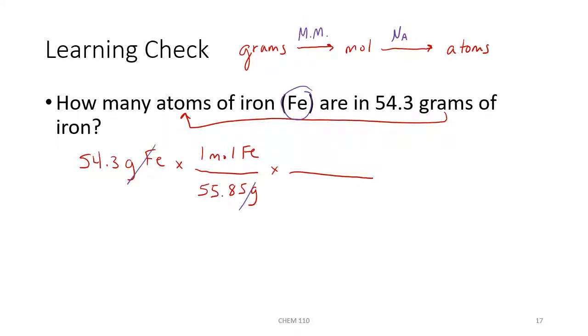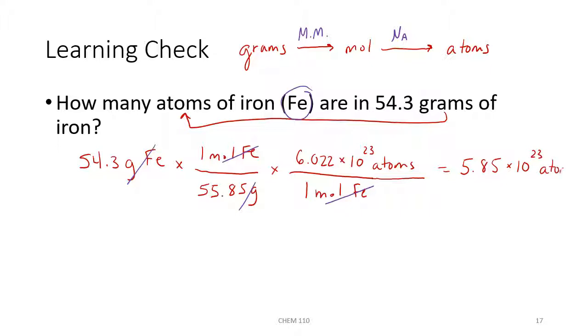Next, we're going to use Avogadro's number to convert moles into atoms. 1 mole of iron is going to be equal to 6.022 times 10 to the 23rd atoms. So lastly, our units of moles will cancel, and we can calculate our number of atoms of iron in that sample. And we should get 5.85 times 10 to the 23rd atoms of iron.